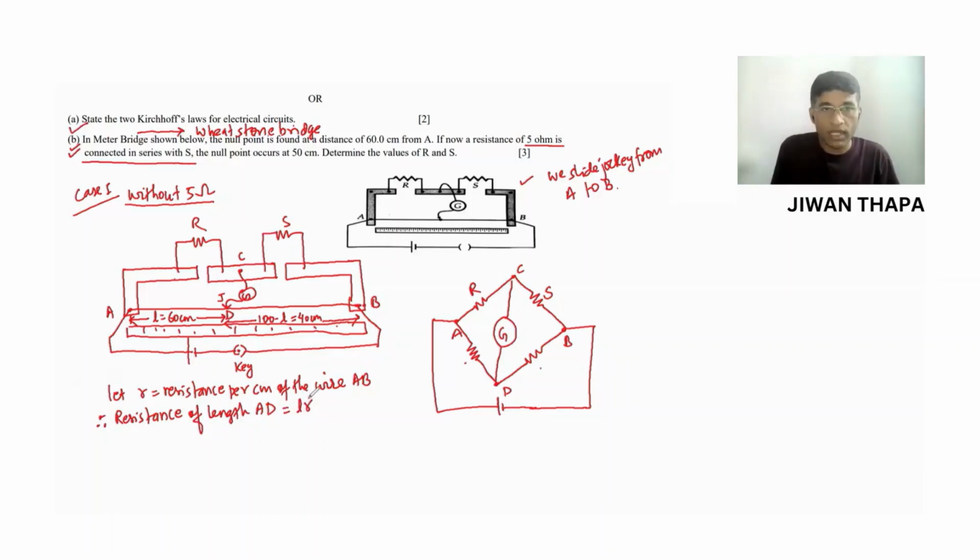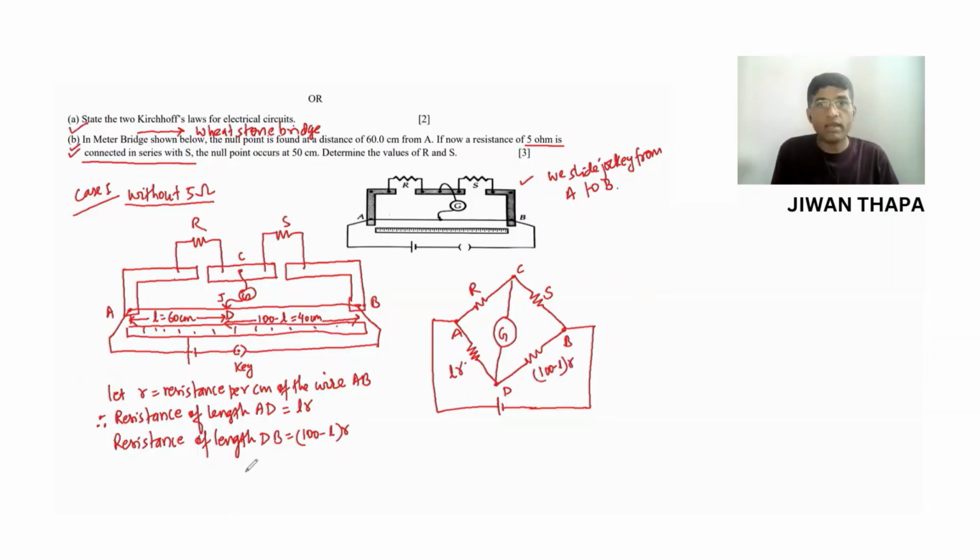If we multiply L with small r, then the product has the unit of resistance, okay. So this is to be noted, and we did it earlier also. And the resistance of length DB equals 100 minus L times r. So we have this, okay.